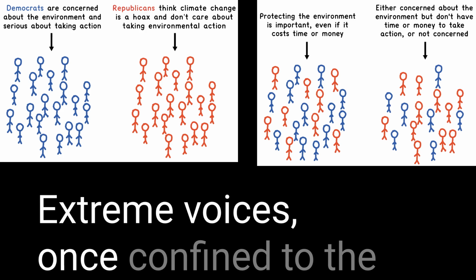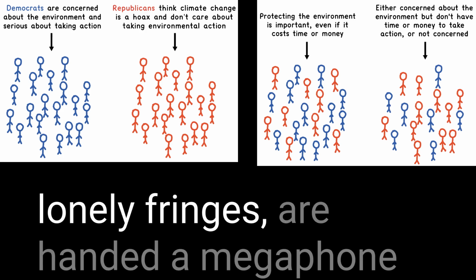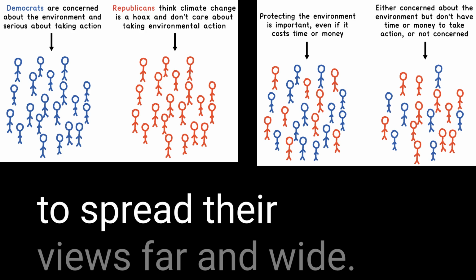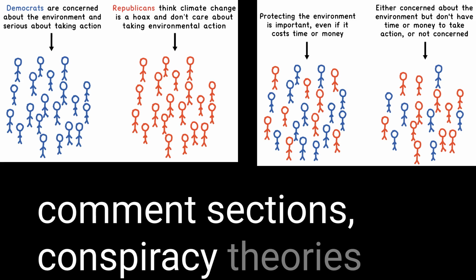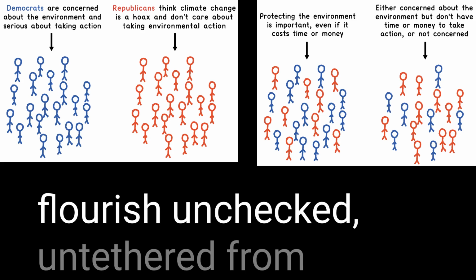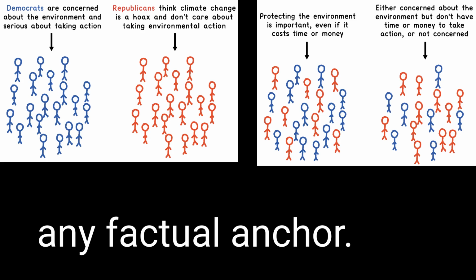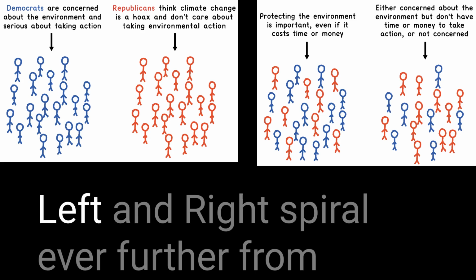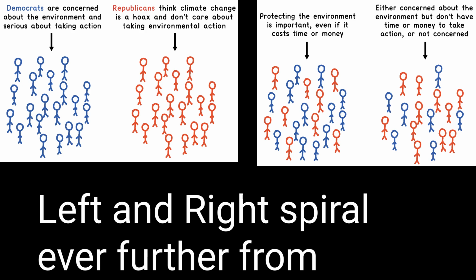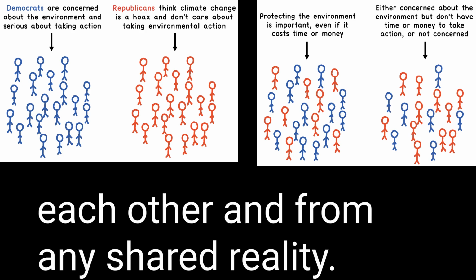Extreme voices, once confined to the lonely fringes, are handed a megaphone to spread their views far and wide. In the miasma of online forums and comment sections, conspiracy theories flourish unchecked, untethered from any factual anchor. Gradually, imperceptibly, the perceptions of left and right spiral ever further from each other and from any shared reality.